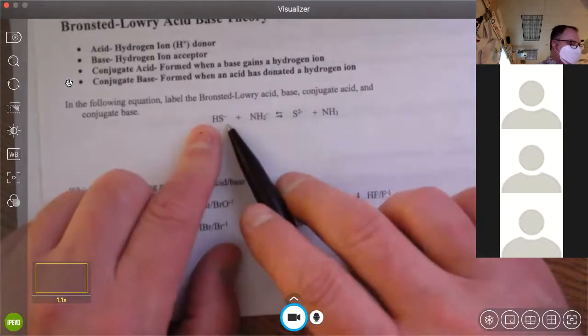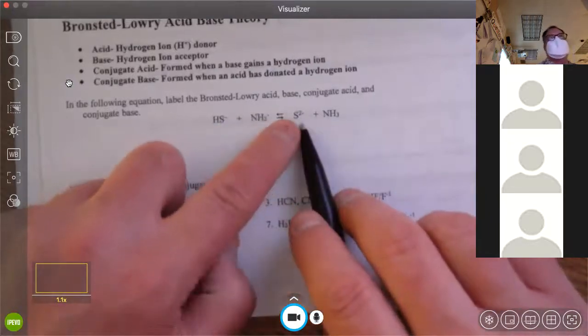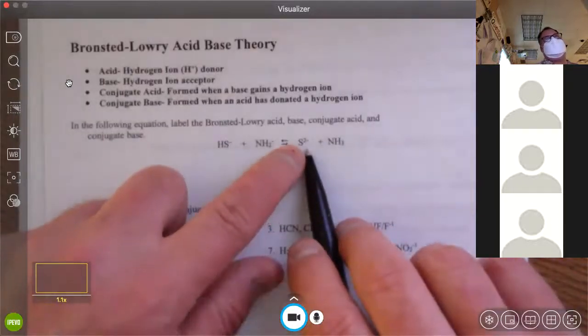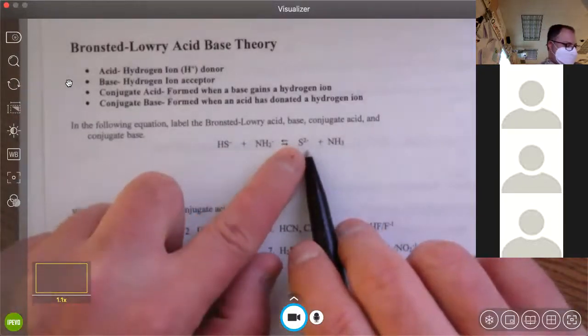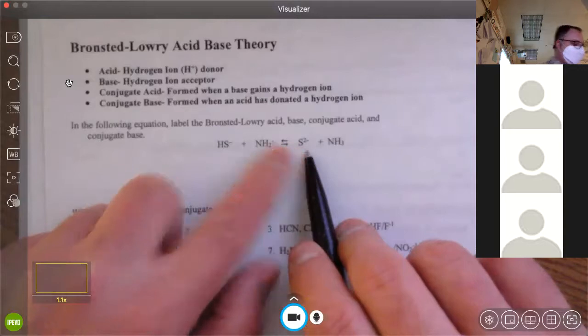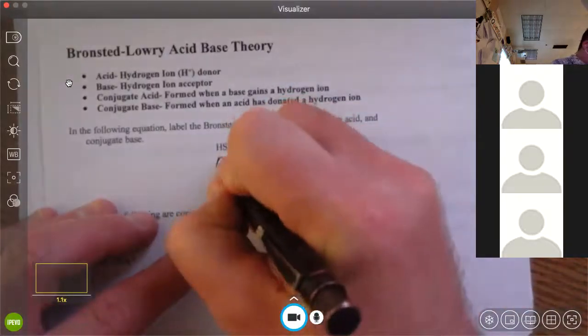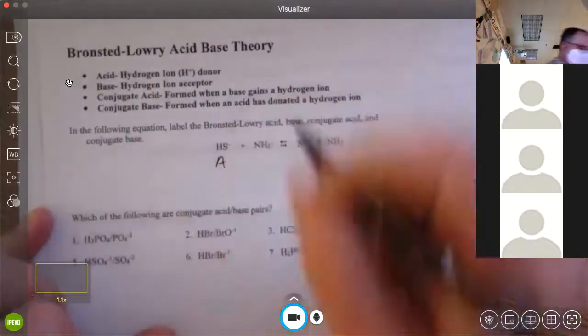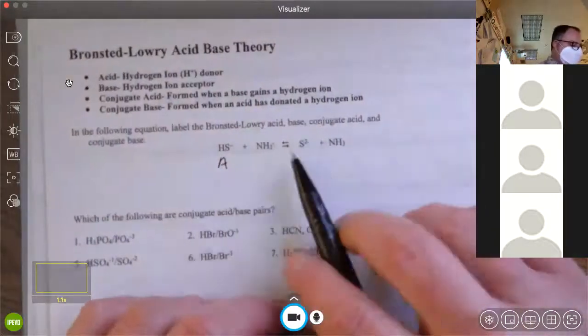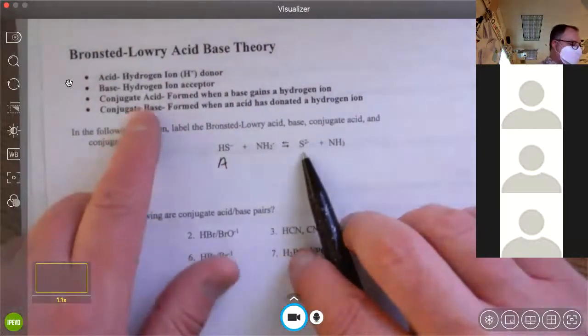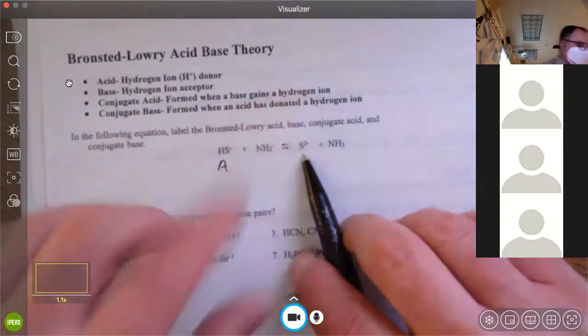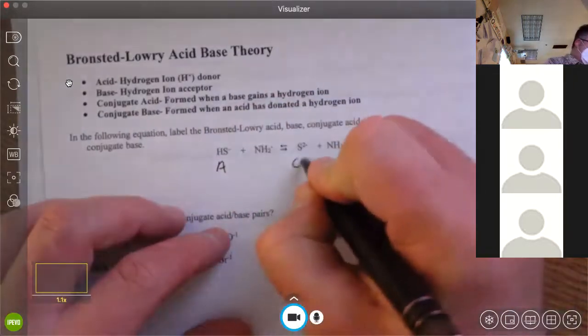HS became what? S2 negative. So did it donate or receive an H? Donated. So that makes this the acid. And that means that a conjugate base is formed when an acid has donated. That makes this the conjugate base.